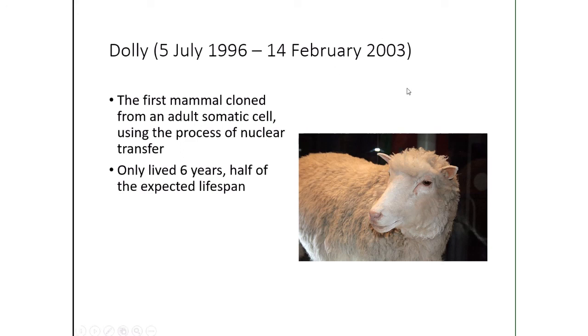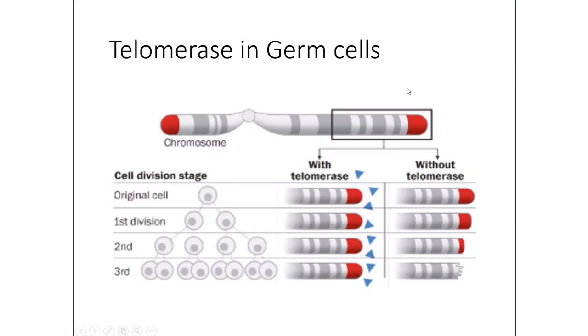Well, thankfully, that's not the case, because in germ cells, these are cells that are going to be dividing to become sperms and eggs, there is an enzyme called telomerase. Okay? And telomerase's function is to re-lengthen the telomeres. Okay, so in a regular cell, the telomeres shown here in red would be shortened after each division, and when they get critically short, the cell no longer divides.